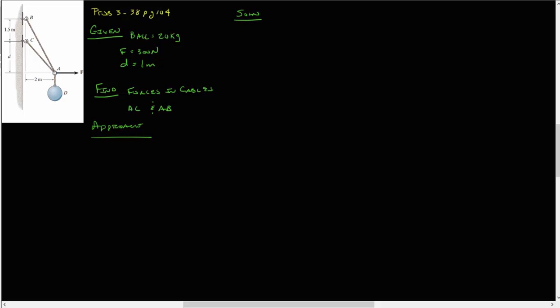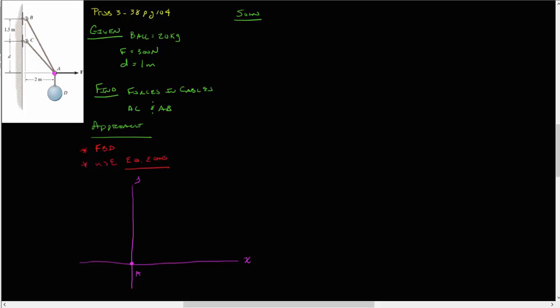So my approach on this problem would be my free body diagram and then the use of my equilibrium equations. Okay, so to draw my free body diagram, I'll look at it this way, where point A is going to be right here.